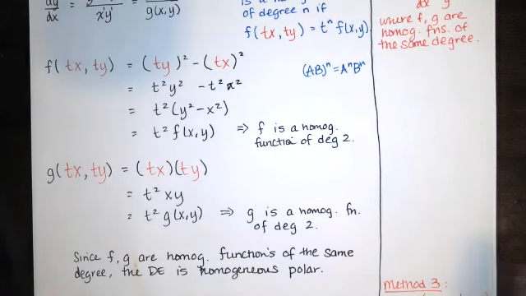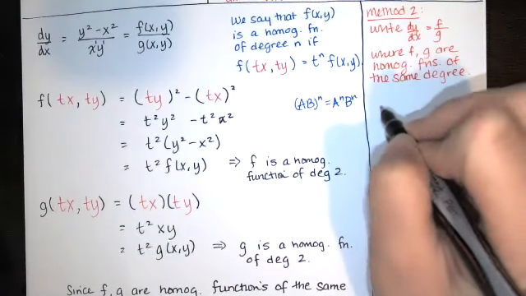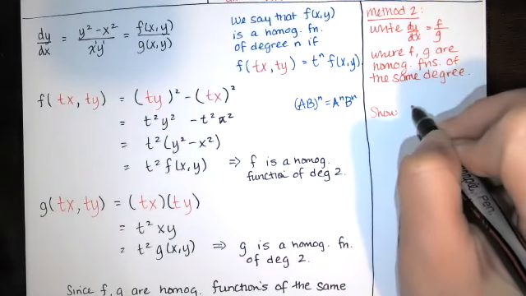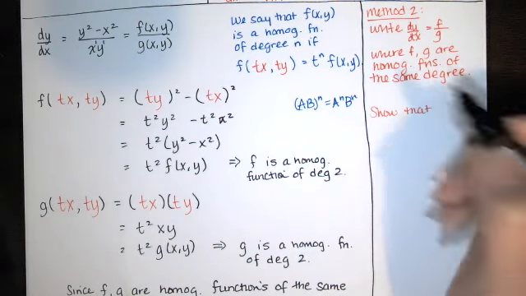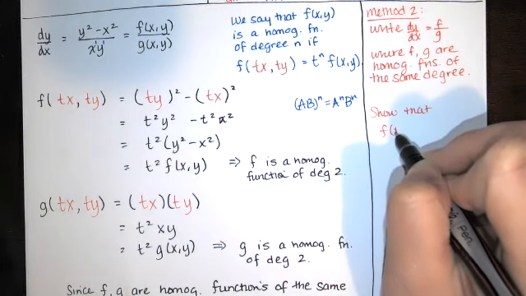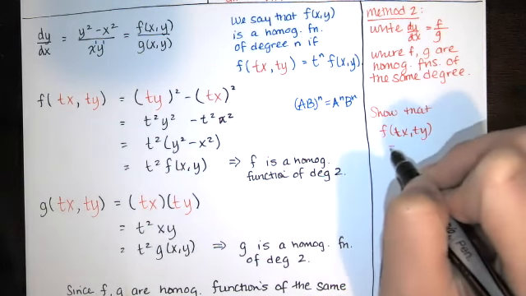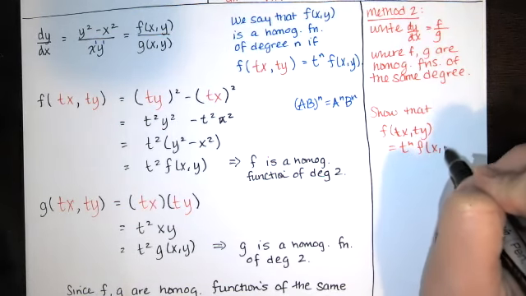Before we do that, though, let me outline what we did here. We just showed that f of tx and ty is t to some power times f of x and y.